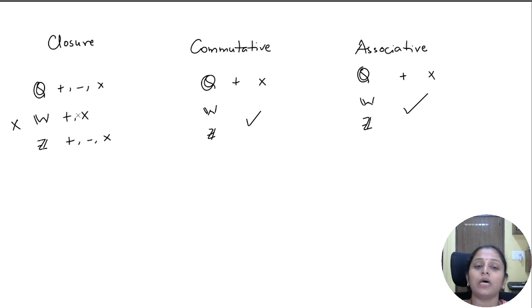So the set of rational numbers being closed under subtraction does not give us the conclusion that the set of whole numbers is closed under subtraction, right? Now why is this happening? The question is why.